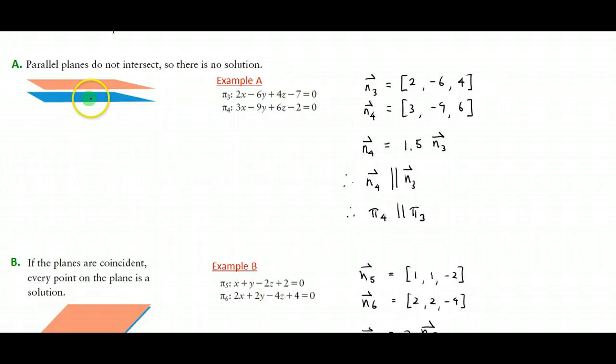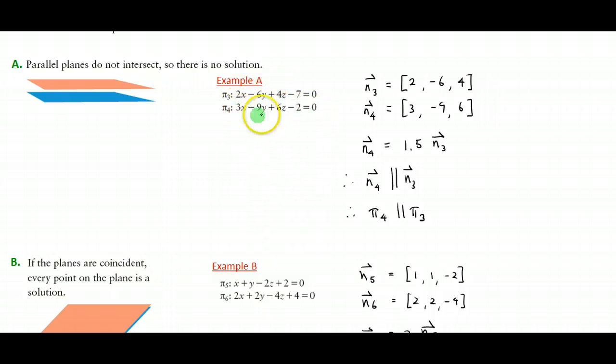One way of proceeding in situation A, to show that the planes are distinct, is that we could find a point on plane 3 using a table of values and then substitute it into plane 4 and show that it does not satisfy plane 4. So that's one approach. Another approach is to take a look at the d values. If I have an equation of a plane that I scale up to create a parallel plane, so in this case I scaled up the coefficients of x, y, and z by 1.5.